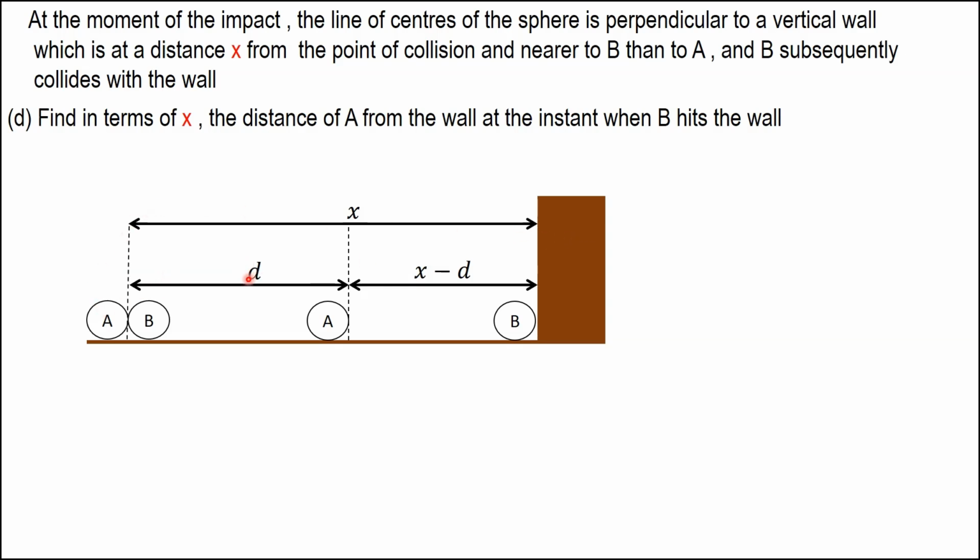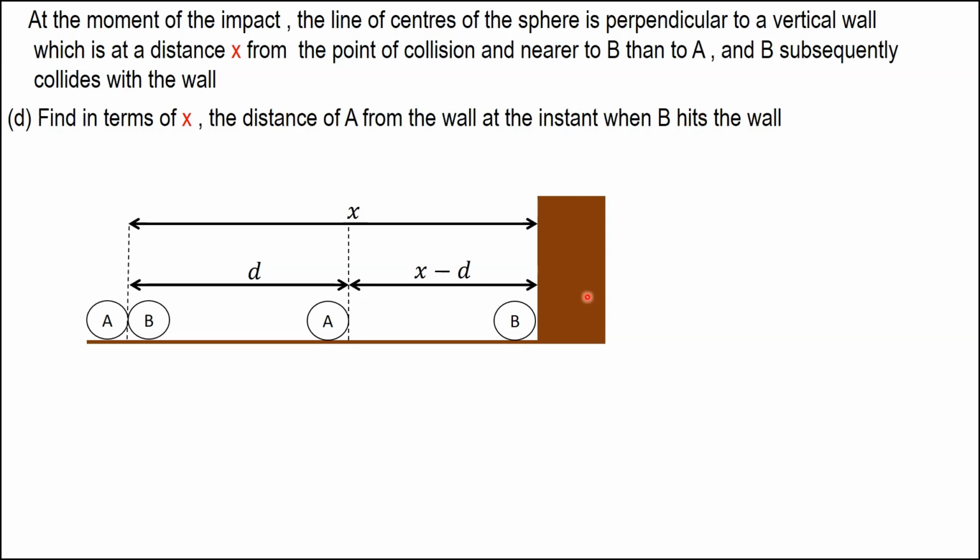So let D represent the further distance moved by the sphere A immediately after the impact. And obviously, since the whole distance is x, and we let D be the further distance moved by sphere A immediately after the impact, automatically the distance of A from the wall is going to be x minus D. Now, what are we actually trying to obtain? In the question, they're asking us to get this distance x minus D. Why? Because we are asked to find, in terms of x, the distance of A from the wall at the instant when B hits the wall.